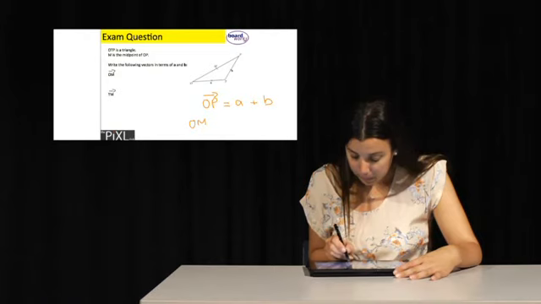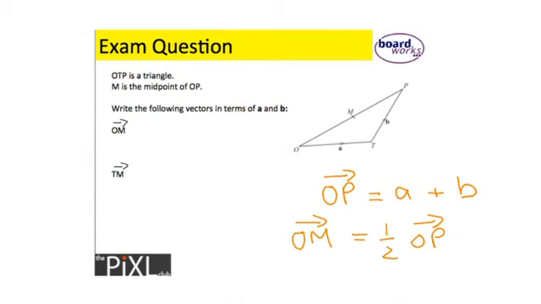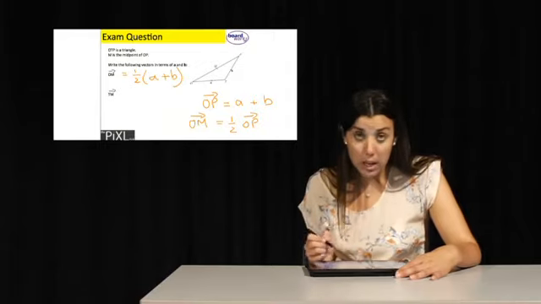So OM, which is equal to half OP. So it's this vector halved. So we put half bracket A plus B, which tells us it's half the whole vector of OP, which is A and B.